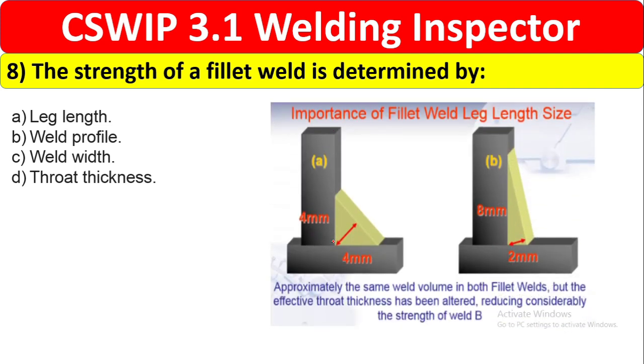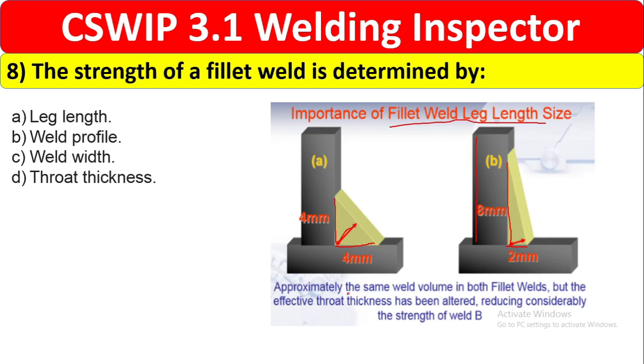Just to give one example, the importance of the fillet weld leg length size: this is a 4 mm fillet, and here is an 8 mm fillet leg length on one side and 2 mm on the other. But the cross sectional area of both is the same, 4 into 4 is 16 mm square, 8 into 2 is 16 mm square. So the main important thing here is the throat thickness.